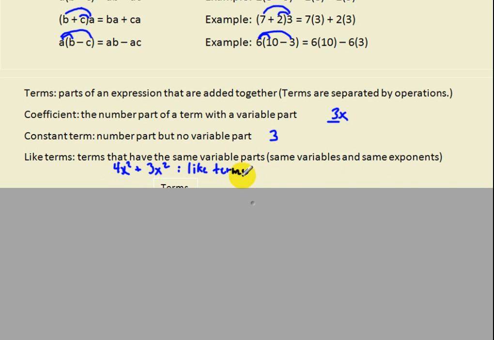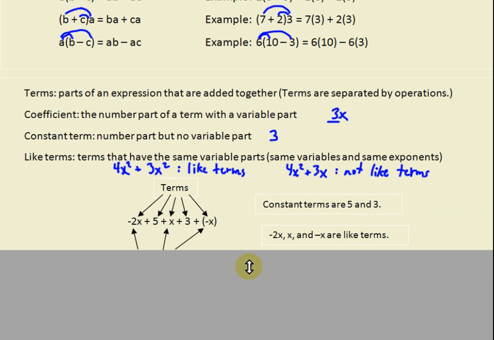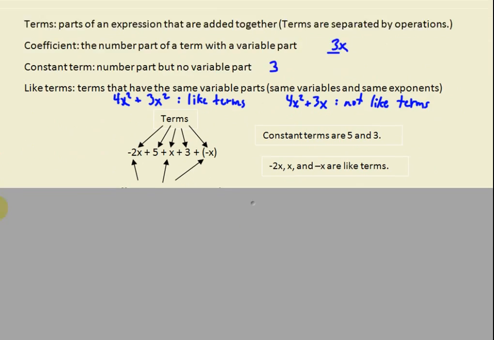On the other hand, 4x squared plus 3x are not like terms. Same variable but different exponents. Here we have x to the second power, here we have x to the first power. Those are not like terms.